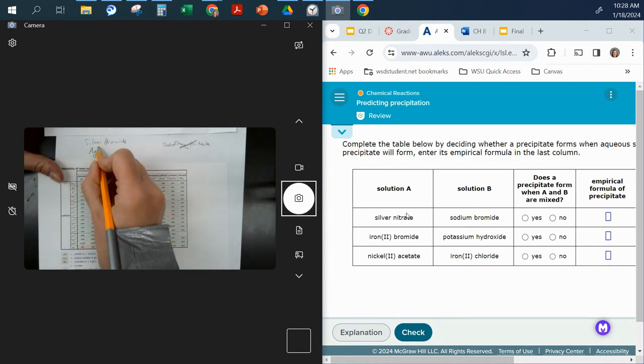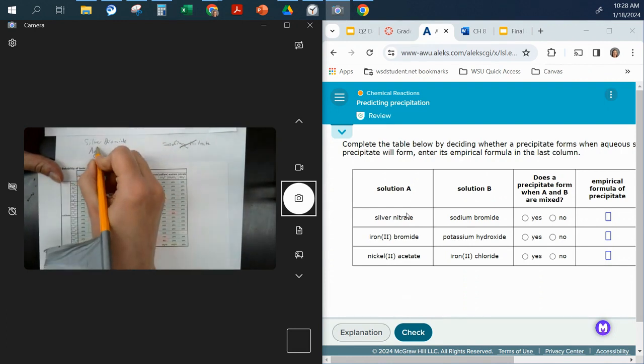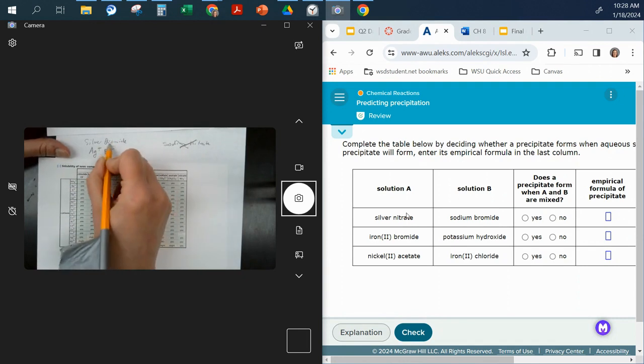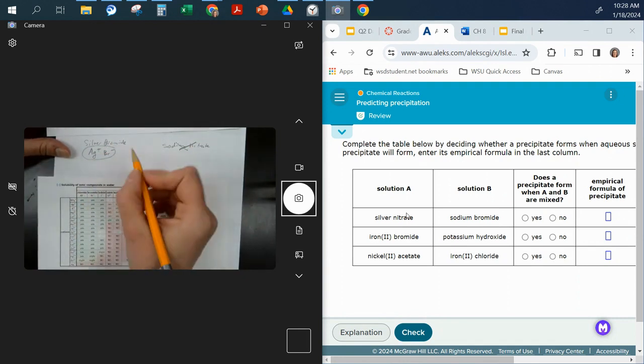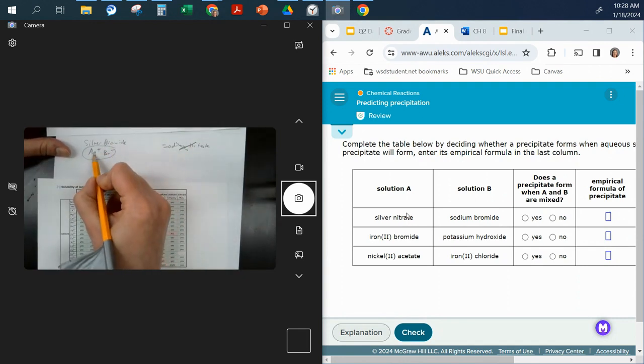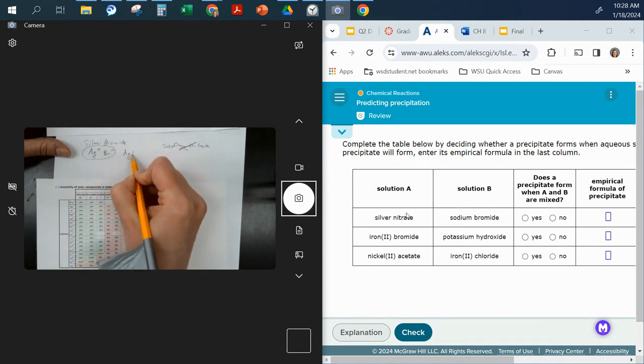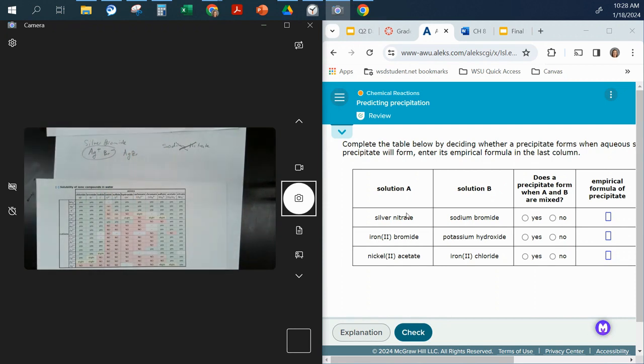So silver is silver plus, and silver bromide is not soluble. Okay, so this is going to be our precipitate here. And what should our formula be? Well, we have 1 silver plus and a bromine minus, so we just need 1 of each. AgBr. No charges in the formula. Yes, something precipitated. It's called silver bromide.